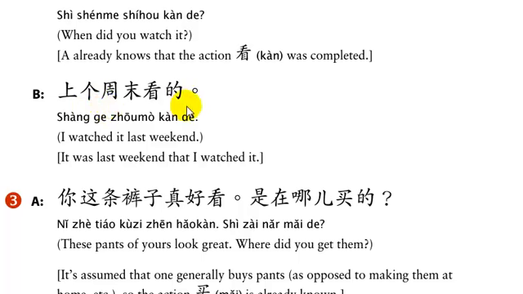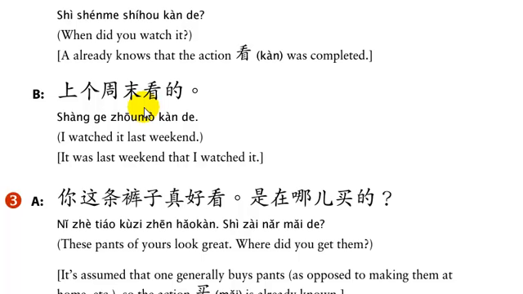Remember up the top that in this 是...的 construction, you can leave the 是 out, so there's no 是 here. You could say 是上个周末看的, but they just leave out the 是 and say 上个周末看的, last weekend watched.